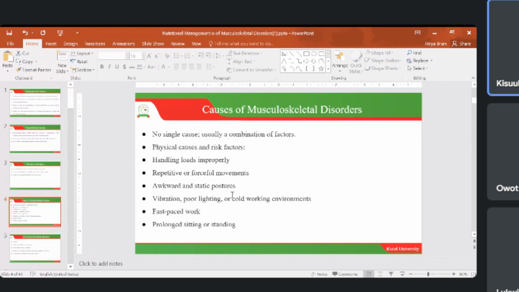People have reported that they have undergone physiotherapy sessions because of their sitting postures, and also vibration, poor lighting, cold working environments, and fast-paced work. This happens more in manufacturing plants, where any delay in the operation or production line would even lead to termination of your contract, etc. So these are things that people really need to put emphasis on.